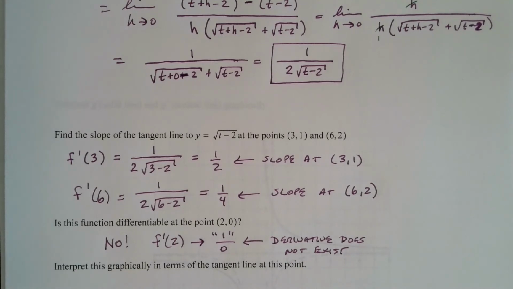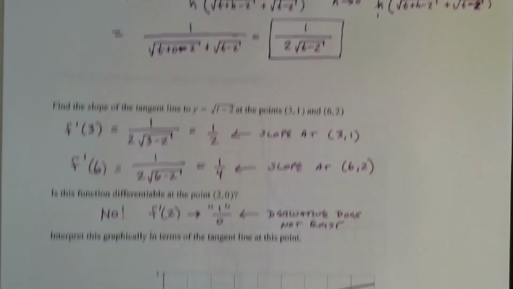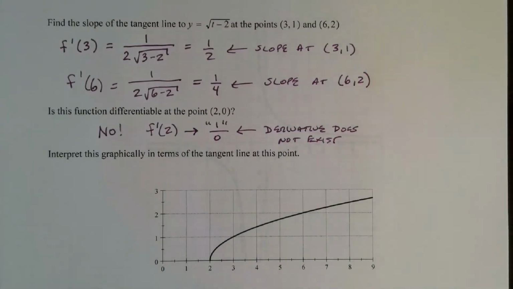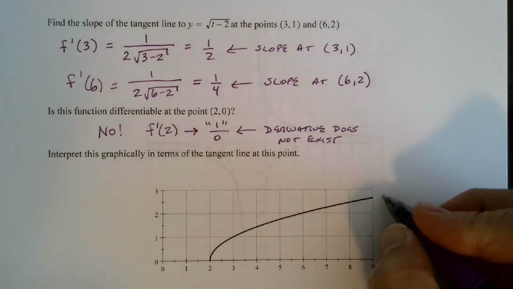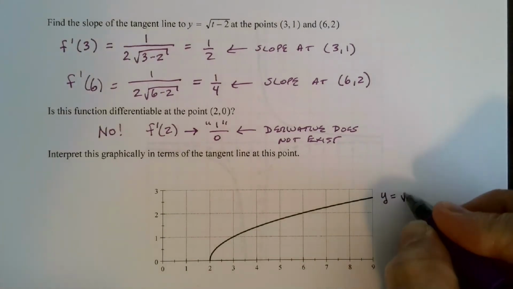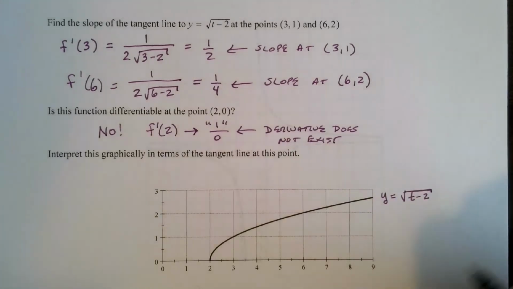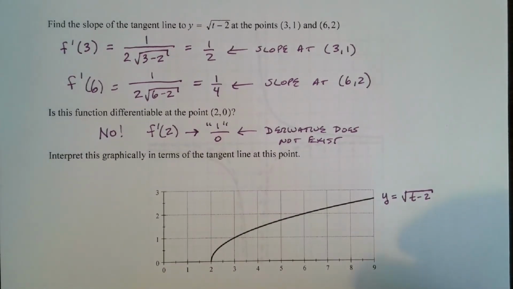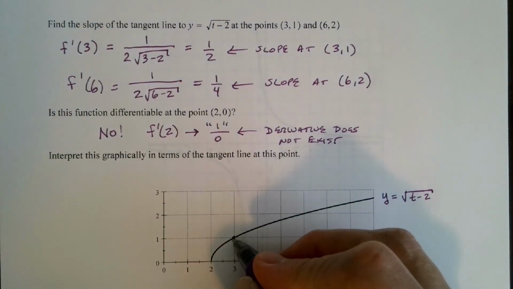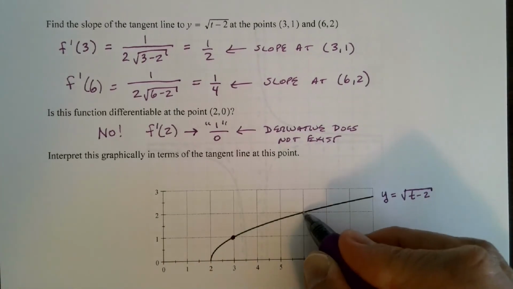Now, let's interpret this graphically. Here's the graph of the function. This is the function y equals the square root of t minus 2. And 2 points of interest we said were what? The point (3, 1), input 3, output 1, and (6, 2).